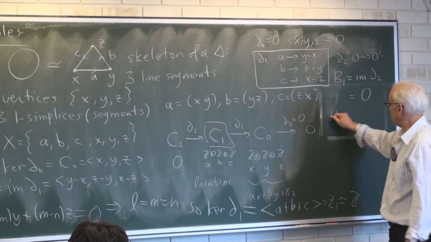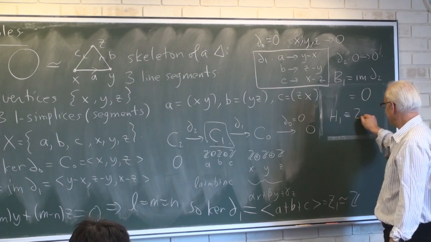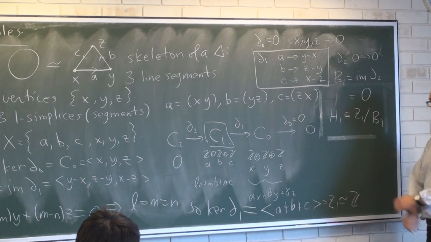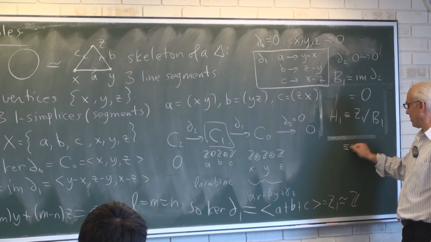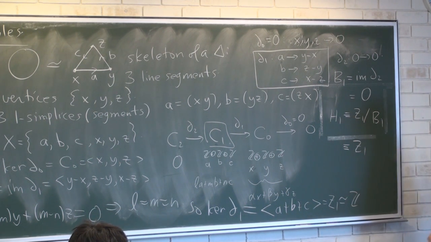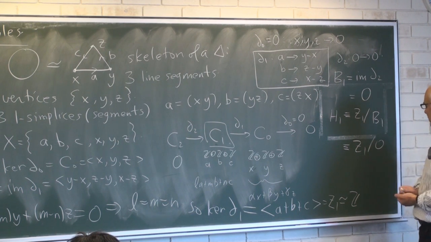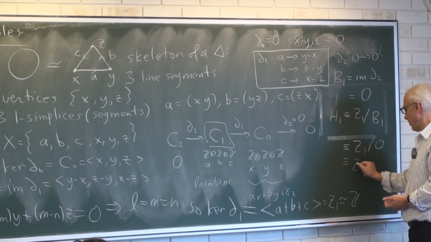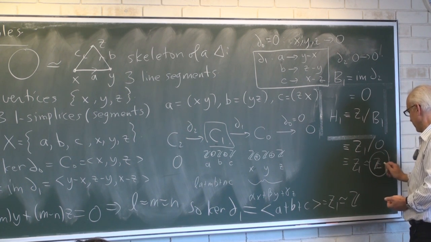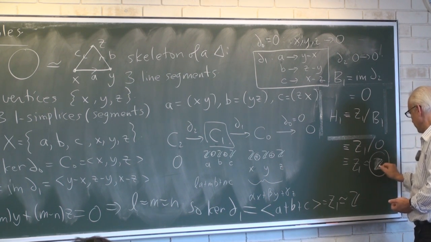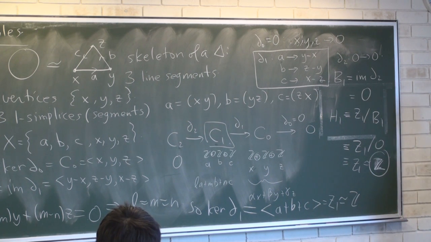So the homology H1, which is, by definition, the cycles mod the boundaries, is the same as just the cycles, because if you mod out by the 0 group, you're not changing anything. So it's Z1 mod 0, which is the same as Z1, which is Z, the infinite cyclic group.